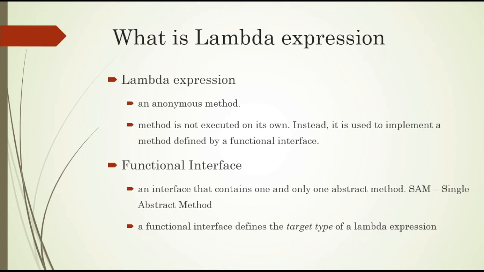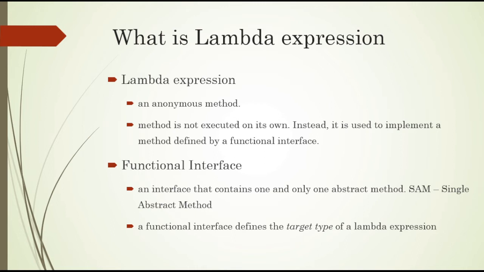Now let's see what is a functional interface. A functional interface is an interface that contains one and only one abstract method. It is also referred to as single abstract method, SAM. For example, the standard interface Runnable is a functional interface because it defines only one method, run.